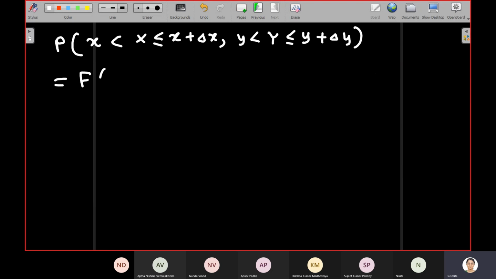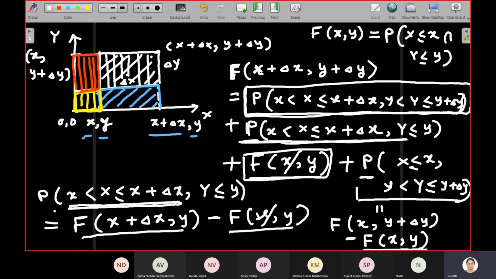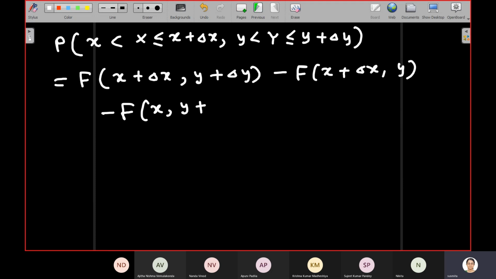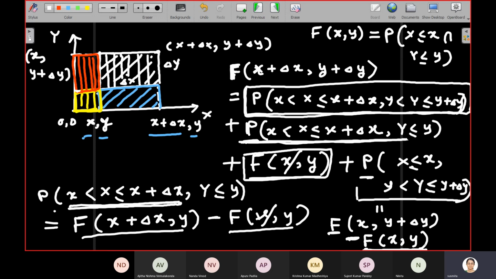On the left, we already had x plus delta x and y plus delta y. And then we need to take this one on the left side and this one also on the left side. So we have negative, and then this negative F of x and y will also come. So that will become positive.